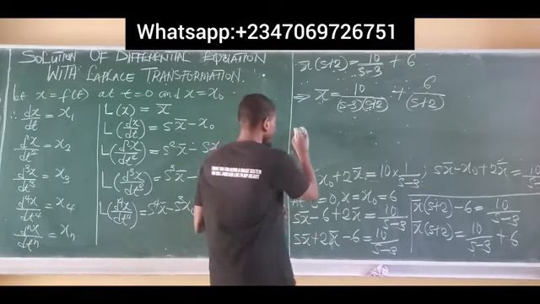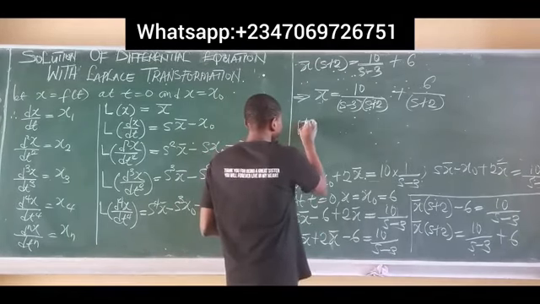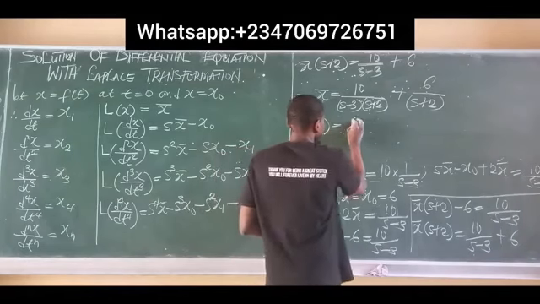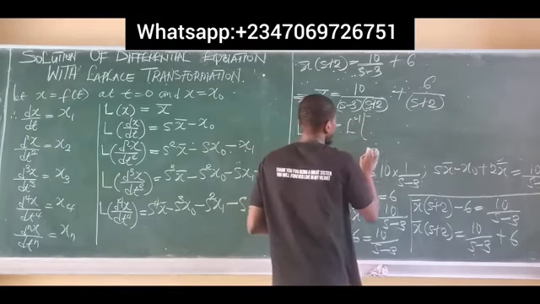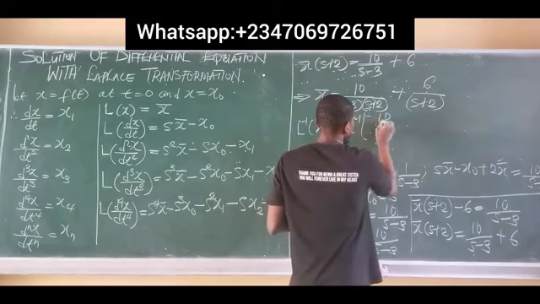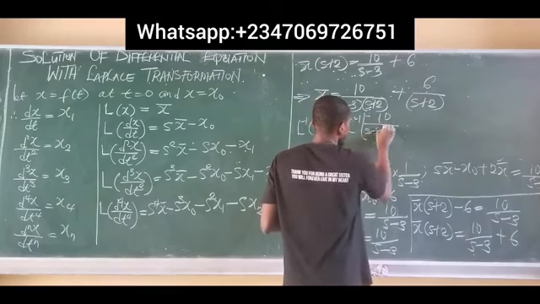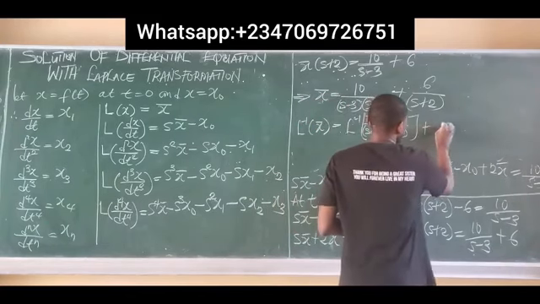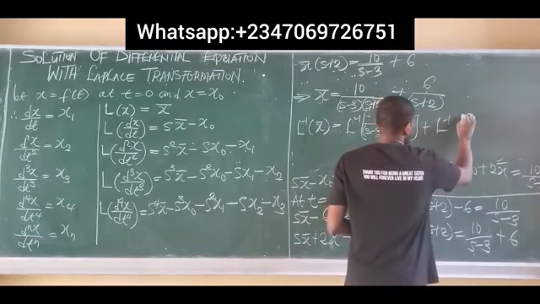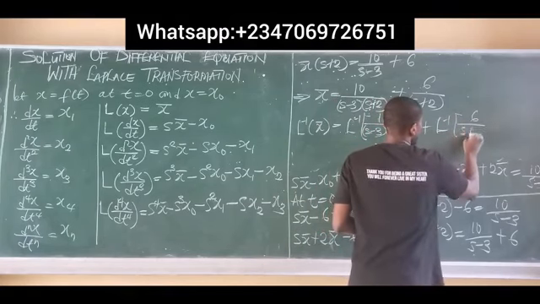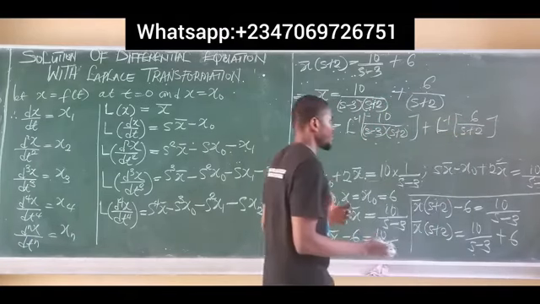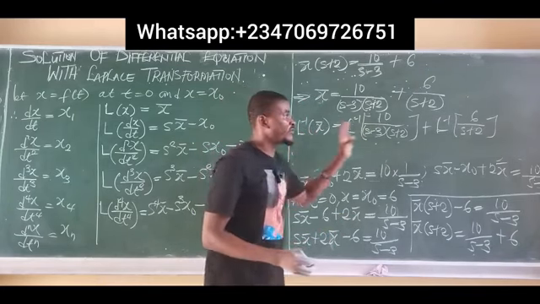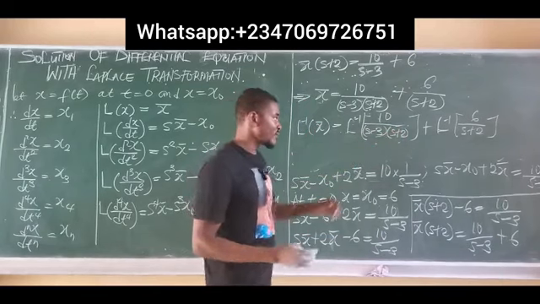So we simply take the Laplace inverse of x bar, which is the Laplace inverse of 10 all over s minus 3 into s plus 2, plus the Laplace inverse of 6 all over s plus 2. So the Laplace inverse of x bar is simply the Laplace inverse of everything in the result of x bar, which we'll have there.